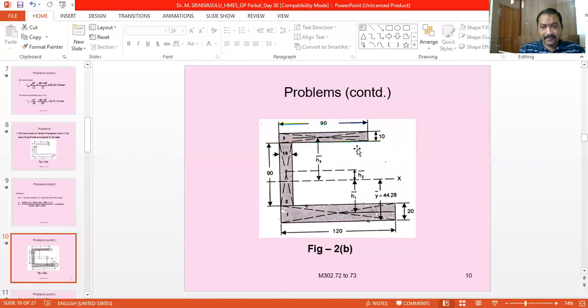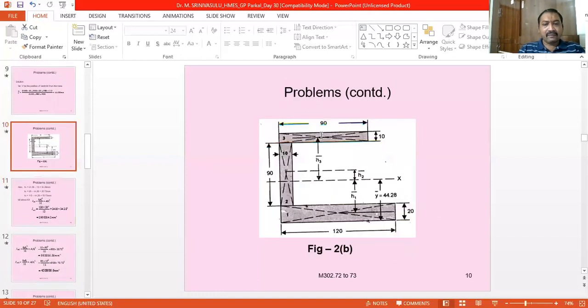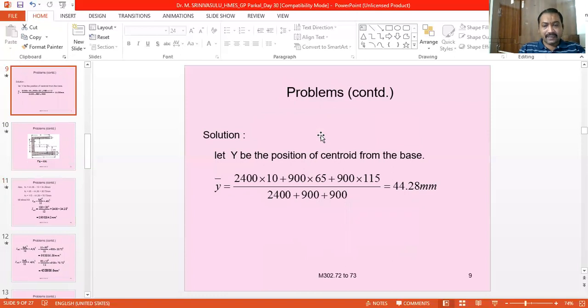Coming to y3, up to here it is 20 plus 90, 110, plus 10 by 2, so 115. Like this we have to find out y1, y2, y3 and a1, a2, a3.